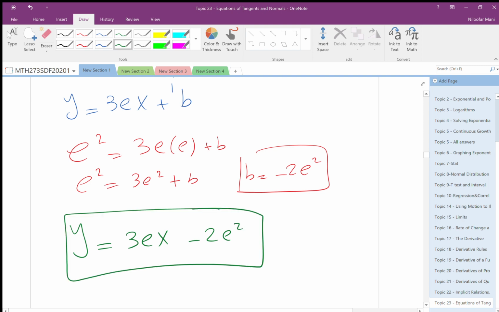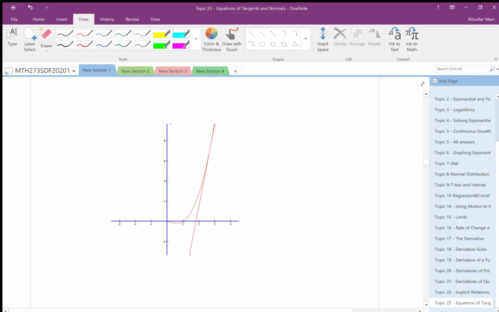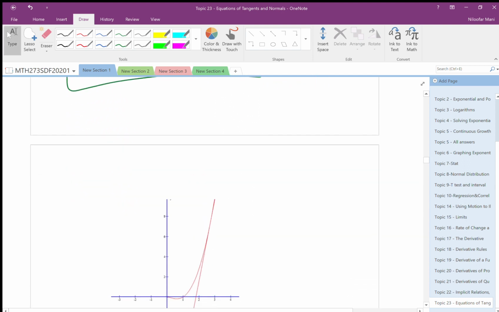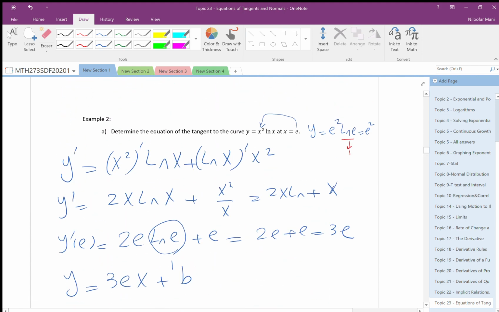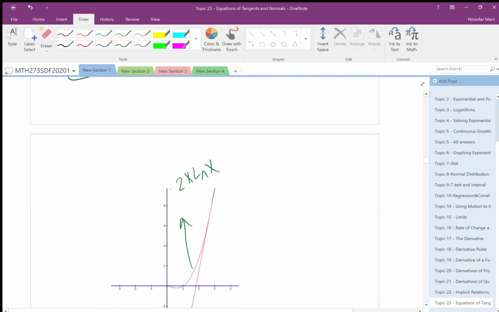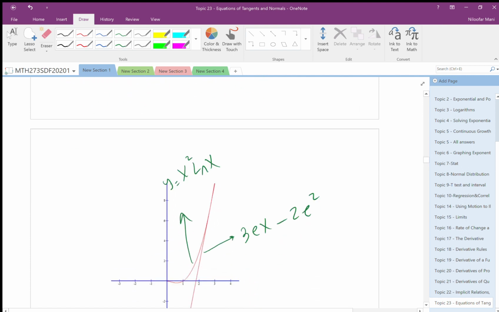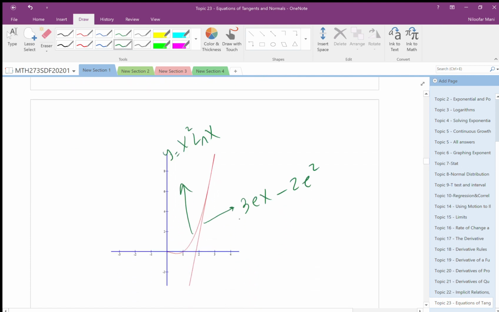That's for the tangent line. See, this is the graph. Sorry, I made a mistake: this is the graph of x squared ln x, and this one is the equation of the tangent line, 3ex minus 2e squared. As you can see, the y-intercept is negative.